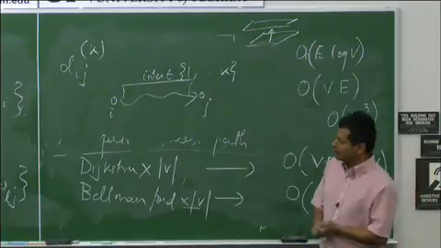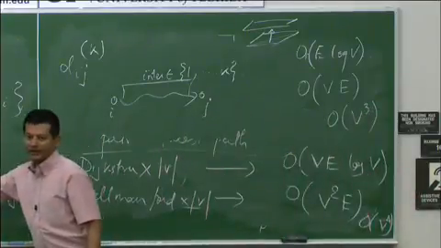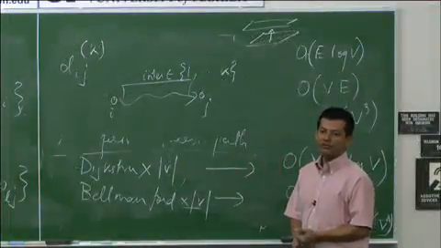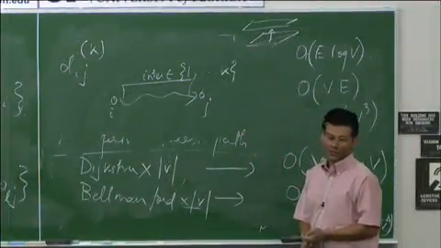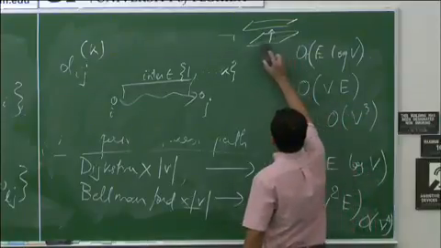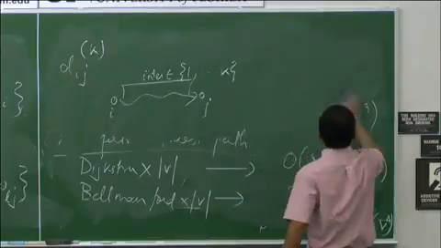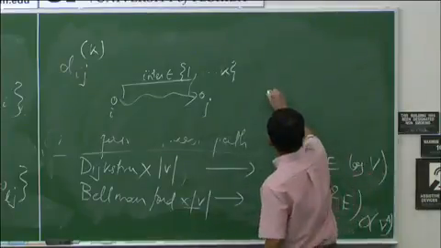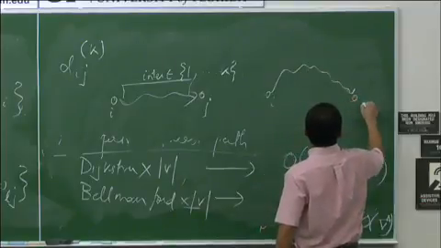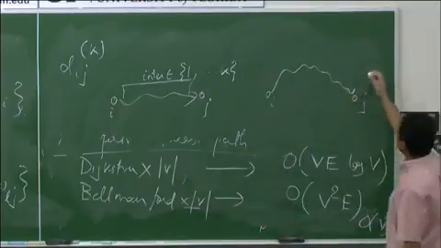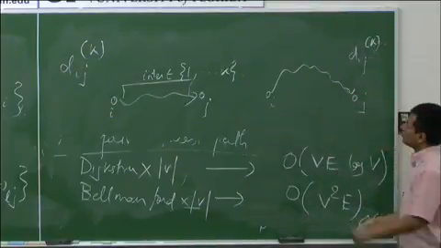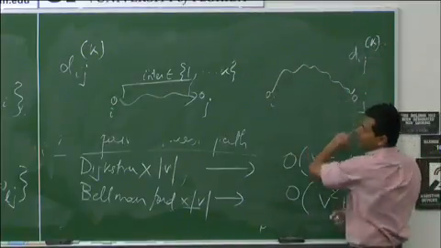However, and I am going to leave this up there, you will clearly see how this is very different in terms of its recursive solution. So, let us try to figure out what the recursive solution is. I have here i, j, and let us assume that this is d_ij^k. So, all the nodes here are between 1 and k.